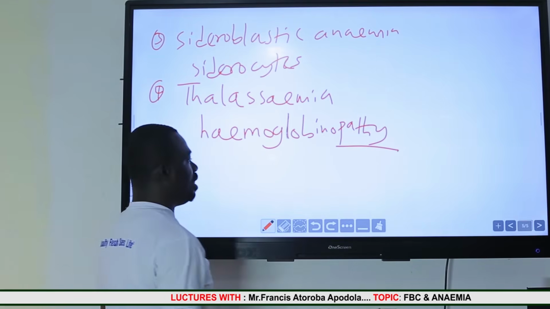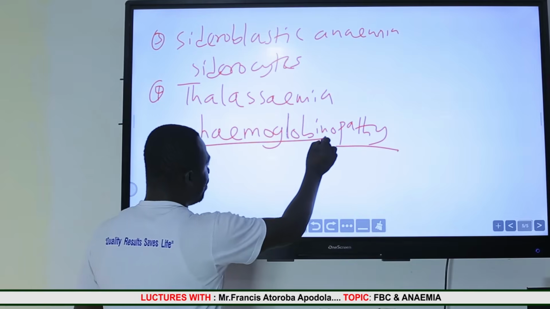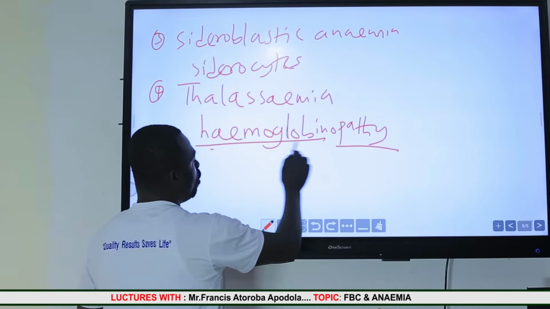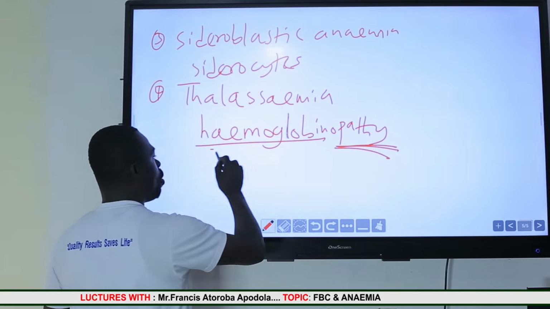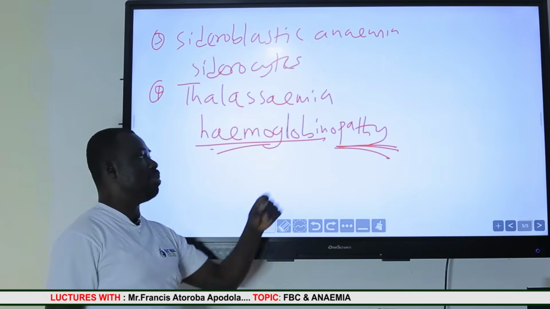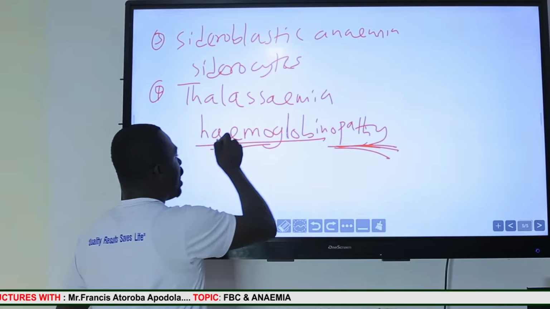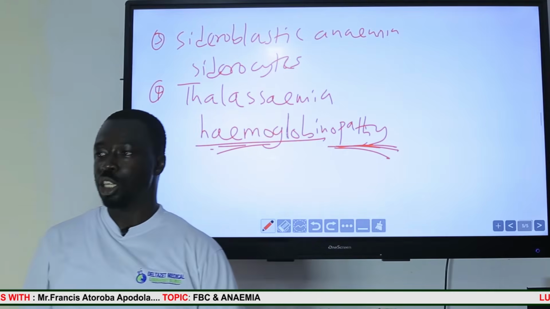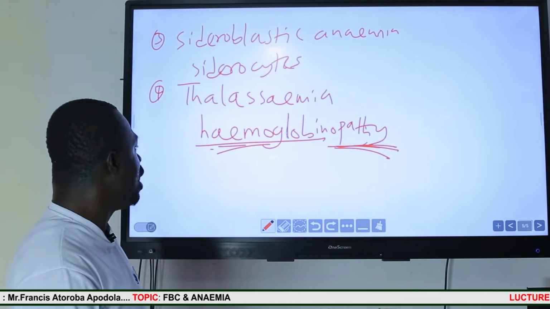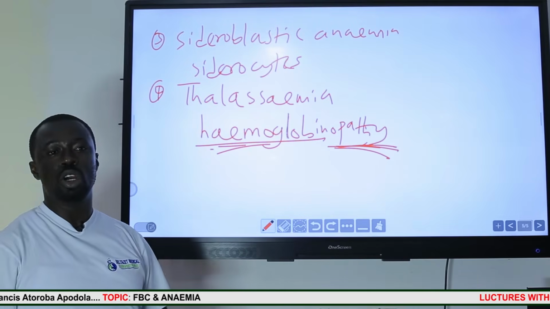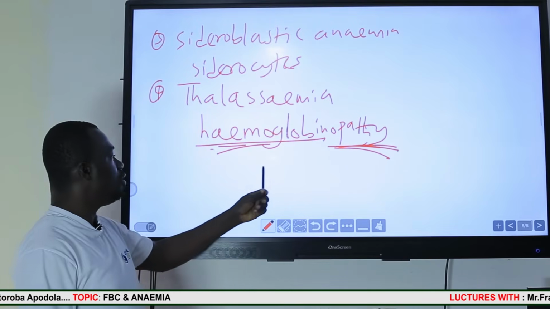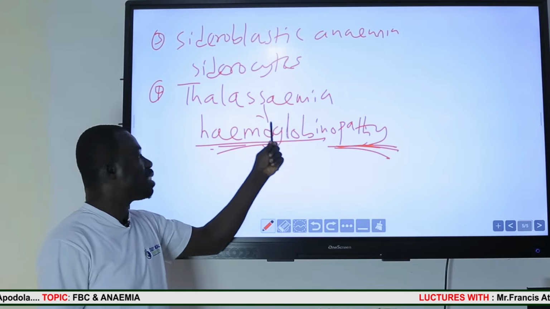Pathy means disease, and what is left here is hemoglobin. Hemoglobinopathy, therefore, is a disease of hemoglobin. Disease means disorder, so hemoglobinopathy means disorders of hemoglobins. And one of the hemoglobinopathies is thalassemia.